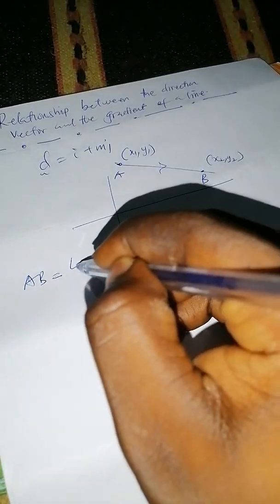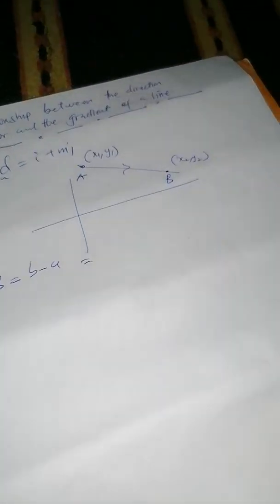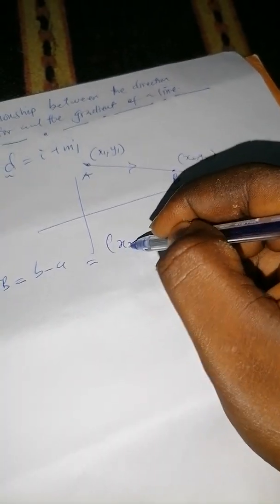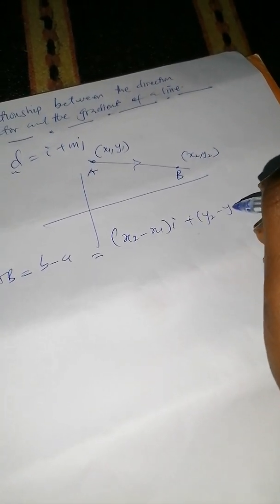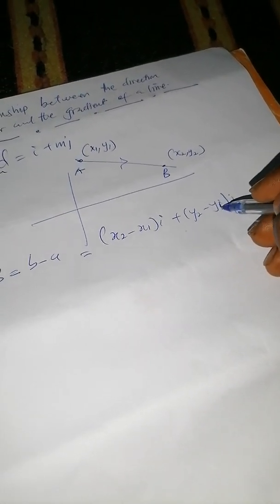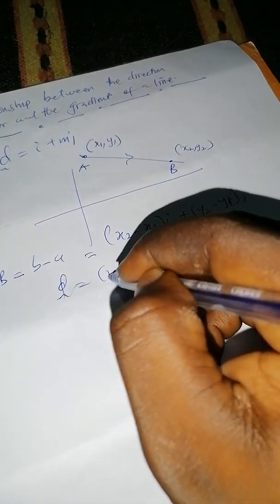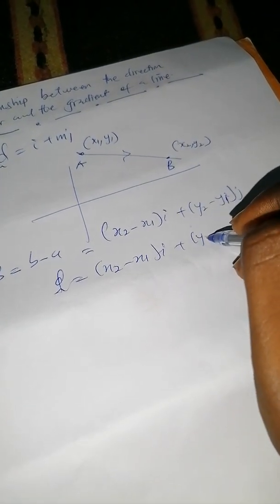The vector AB is the direction vector of this line, that's B minus A. So if I do B minus A, essentially what I'm going to get is (x2 minus x1) i plus (y2 minus y1) j. That means my direction vector is given as (x2 minus x1) i plus (y2 minus y1) j.